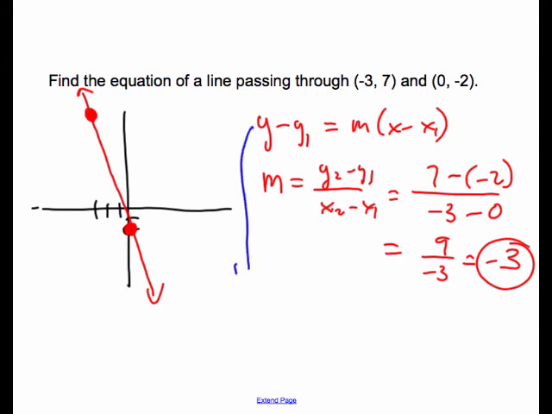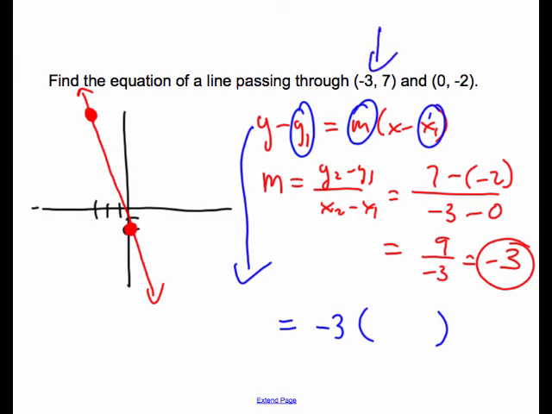So therefore, my equation of my line is equal to, I can plug the slope into its position. Now in terms of the specific point I'm going to use, I can use either one. So if I use this point, I'm going to get y minus 7 equals negative 3, x minus negative 3, which is x plus 3.